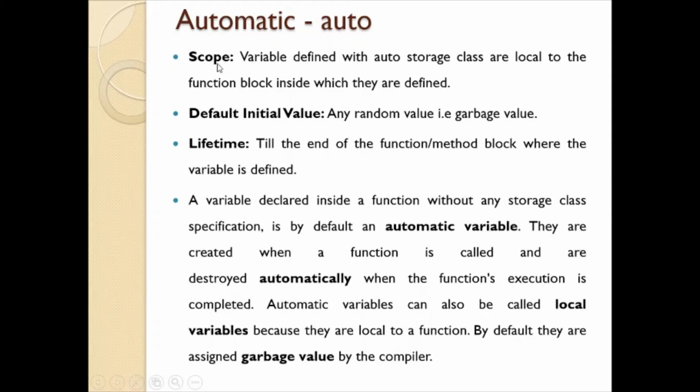So what is the scope of this automatic variable? Variables defined with the auto storage class are called local, local to the function or block inside which they are defined. Whenever you define any variable with the keyword auto, it is called an automatic variable, and the scope of that variable will be within the block or function where it is defined.